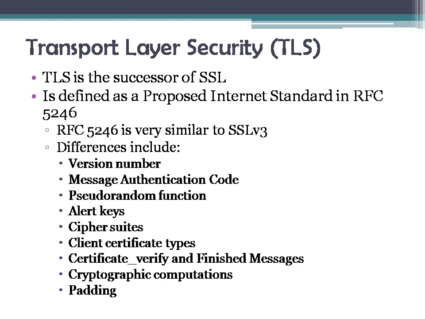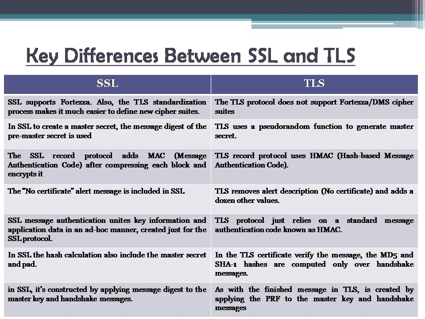So, both TLS and SSL differ in version number, message authentication code, pseudo-random function, alert keys, cipher suites, client certificate types, certificate verify and finished messages, cryptographic computations, and finally padding.